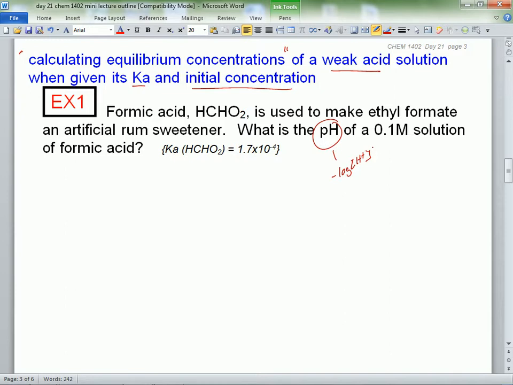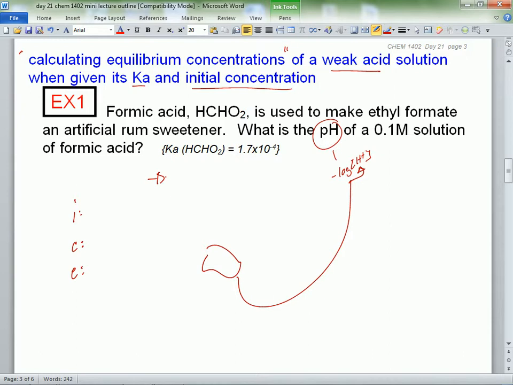In which row? In ICE? The E row. So it's going to look something like this. You're going to have ICE, and wherever H plus shows up in the E row, that's what you plug in. Okay, so we need a reaction if we're going to do ICE.